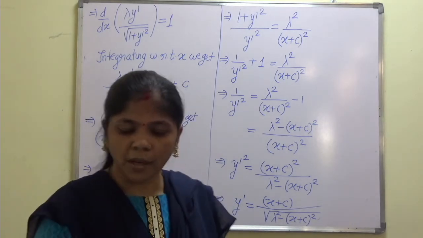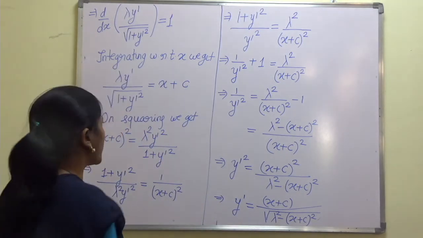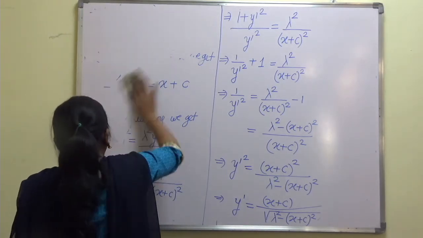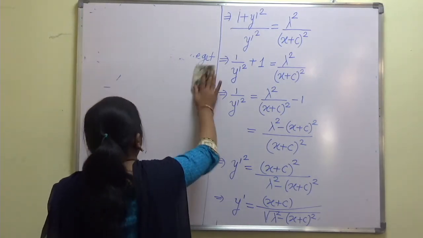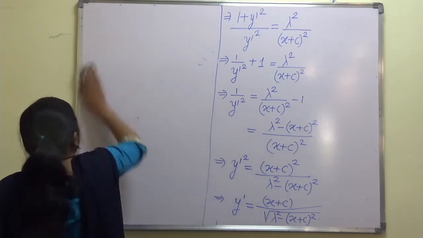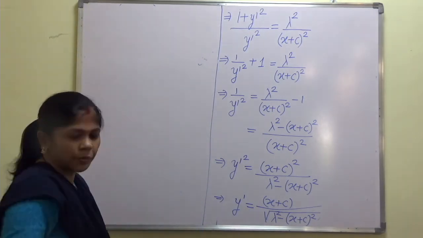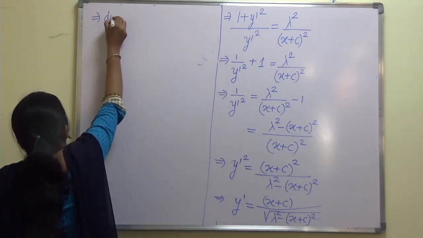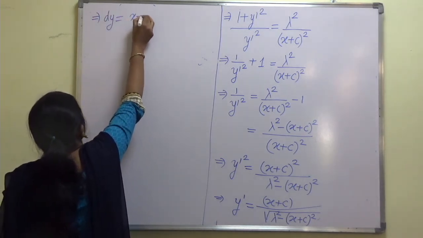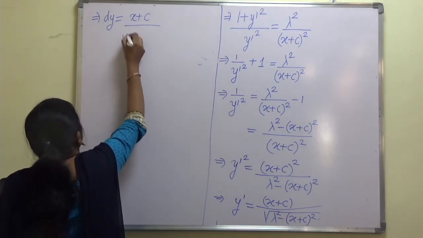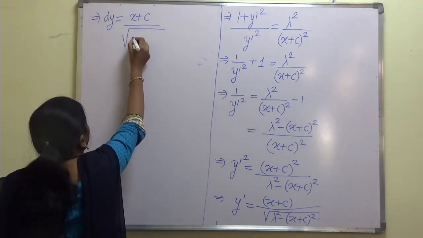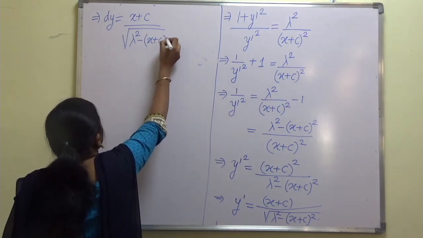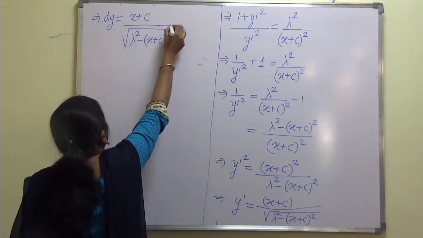Now we are in the position to get the variable separable form. So let us have the variable separable form. So this implies dy is equal to (x plus c) upon under root of lambda square minus (x plus c) whole square dx.